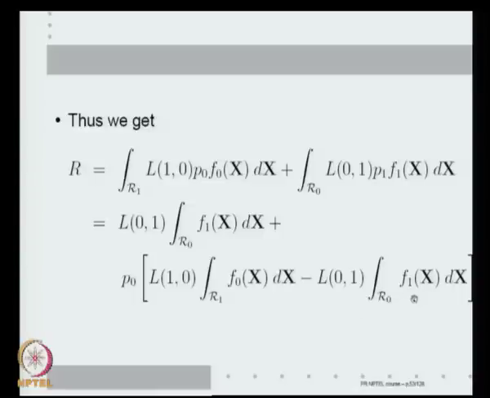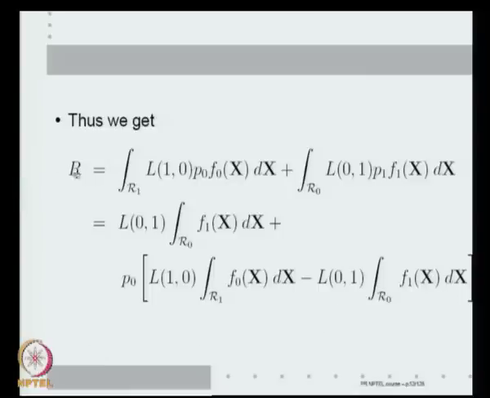Now, for a classifier which chooses the regions R0 and R1 in such a way that the expression in these big brackets goes to 0, that classifier's risk is independent of priors, right. The way the risk is written, if there is a classifier which chooses the class 1 and class 0 decision regions R1 and R0 in such a way that this expression becomes 0, the second term in this expression becomes 0.